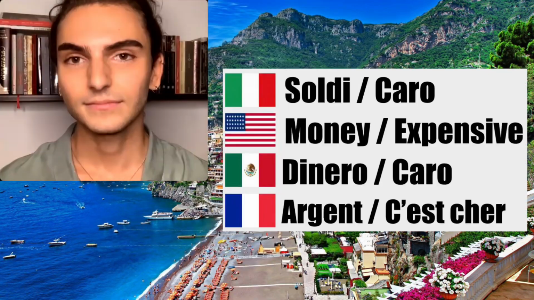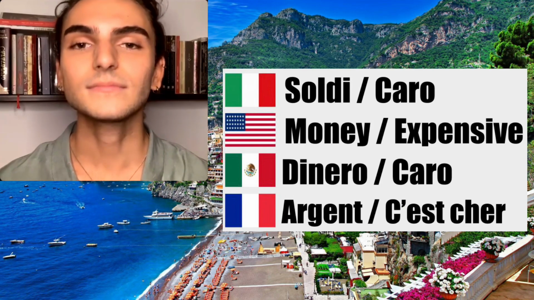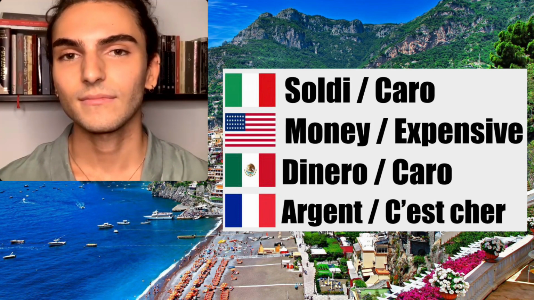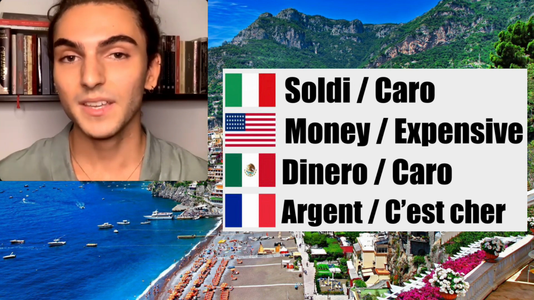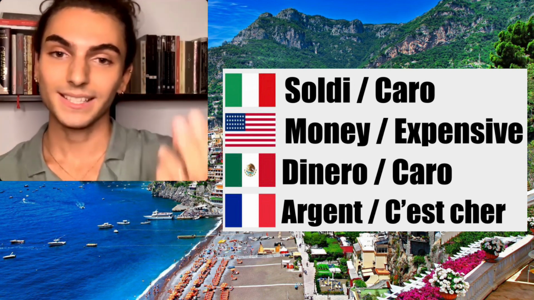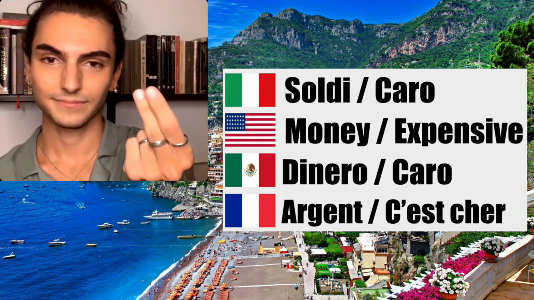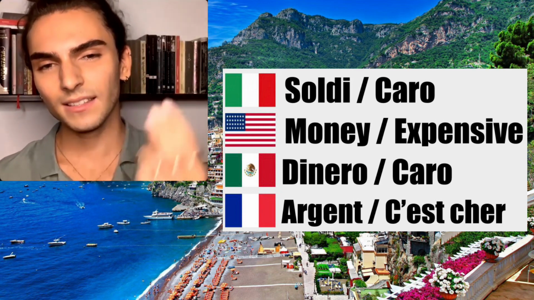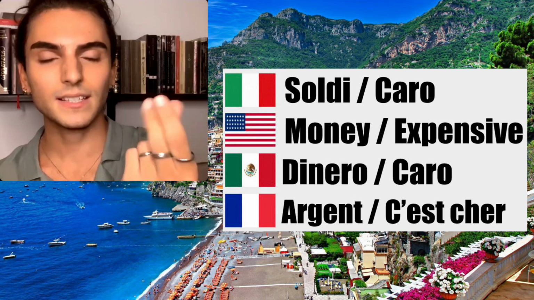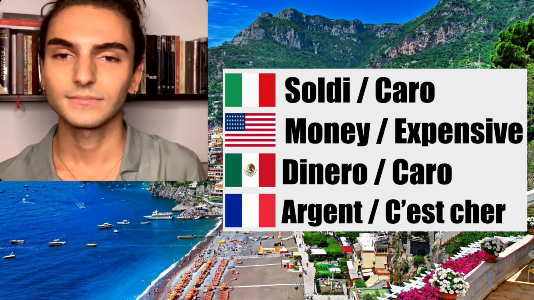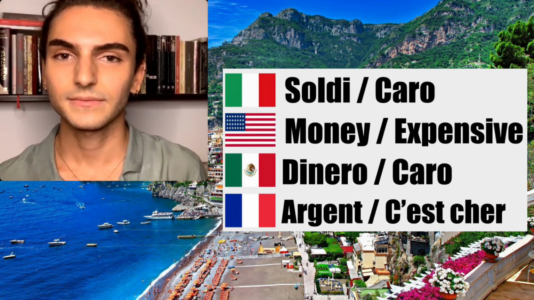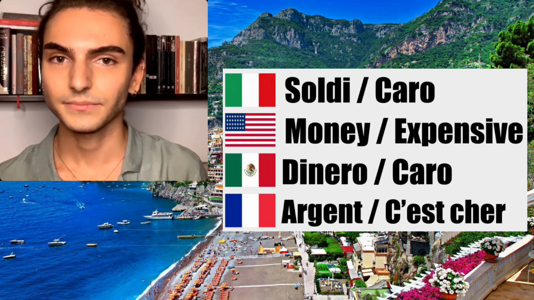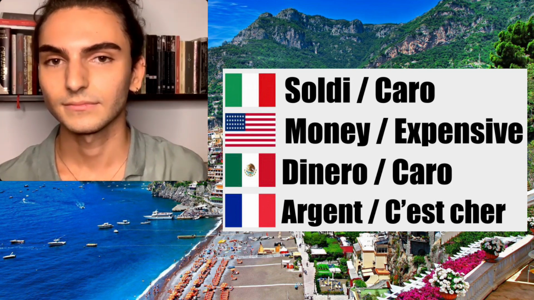Okay, soldi, or caro. Caro, when something is expensive. And it's this. We do it in Mexico too. I think this is pretty easy. It can mean money, but also that something is very expensive.